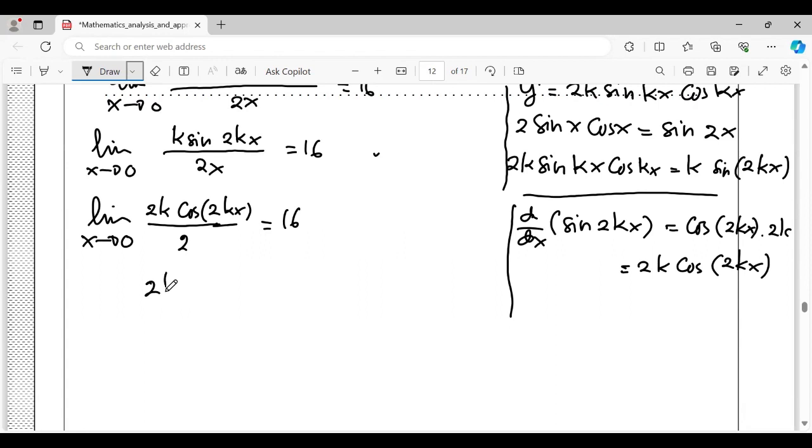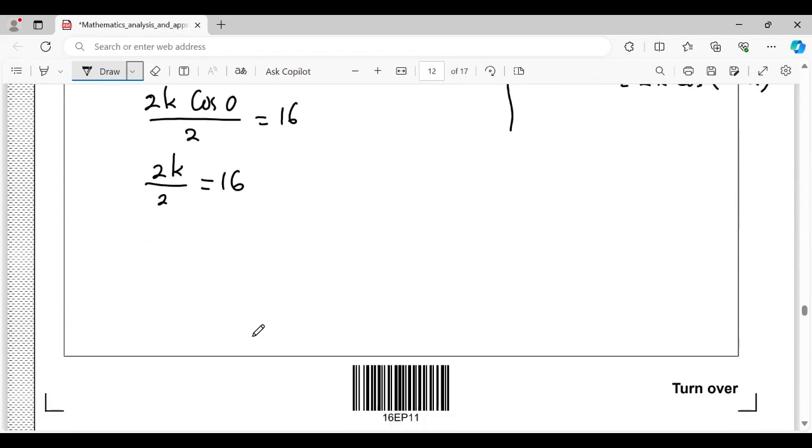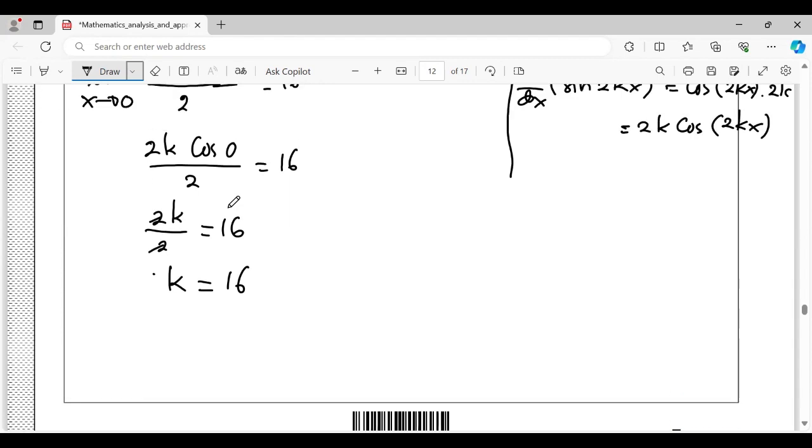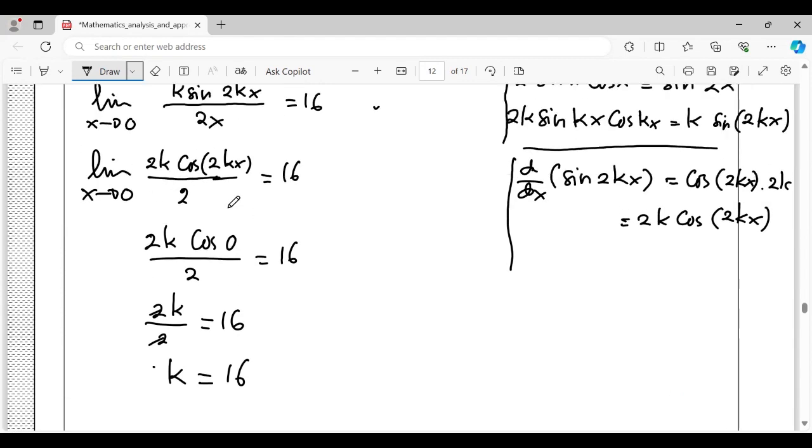It becomes 2k cosine 0 over 2 equals 16. Cosine 0 is 1, so 2k times 1 equals 2k over 2 for 16. Wait, 2k supposed to be this.